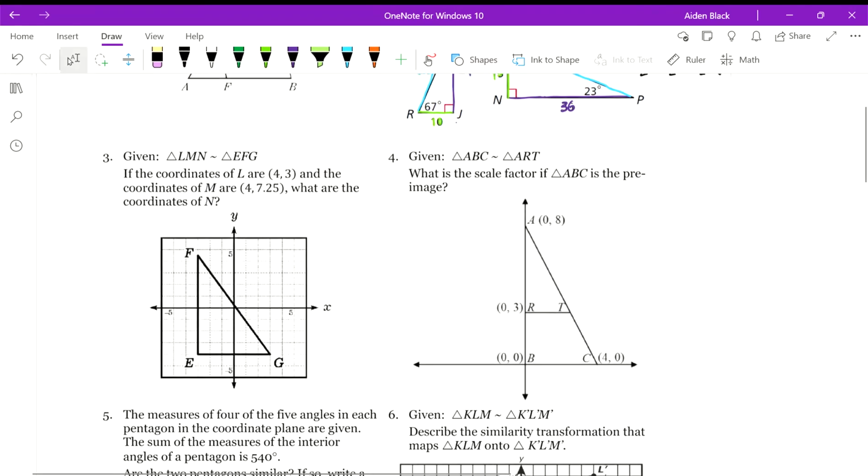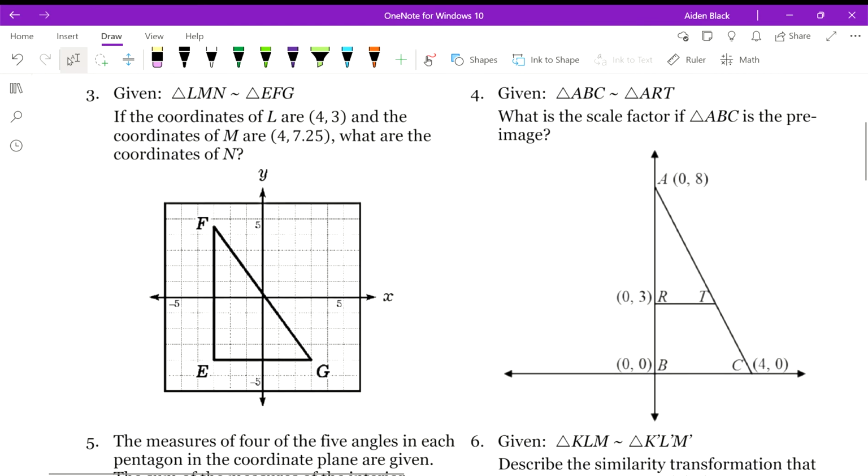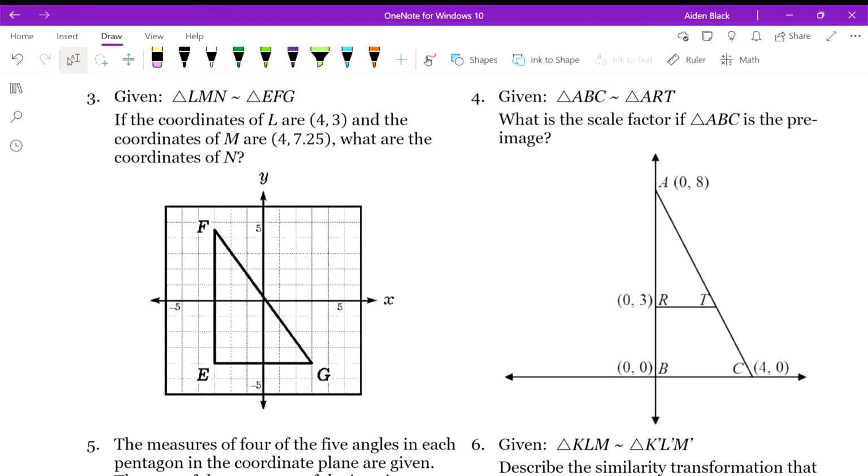Let's look at number 3. This says if the coordinates of L are 4, 3, and the coordinates of M are 4, 7.25, so let's plot those. They're telling us they're similar in the first place. And M is at 4, 7.25.